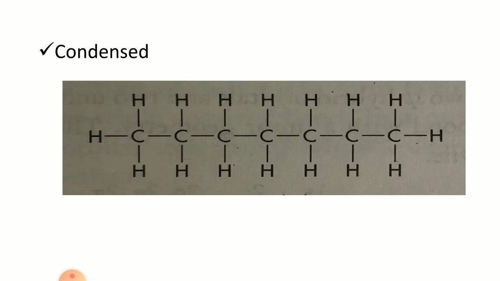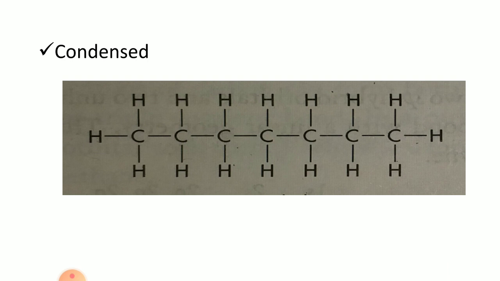Next is the condensed formula. In the condensed structural formula, each carbon with its attached hydrogen atoms is written as a group. Let us take again the expanded structural formula of heptane. In writing the condensed structural formula, it is best to start from left to right. From the left, we have one carbon atom which is bonded to 3 hydrogen atoms.